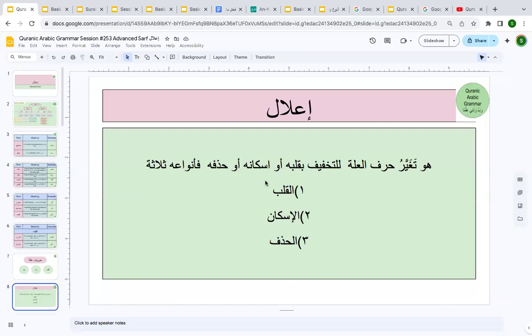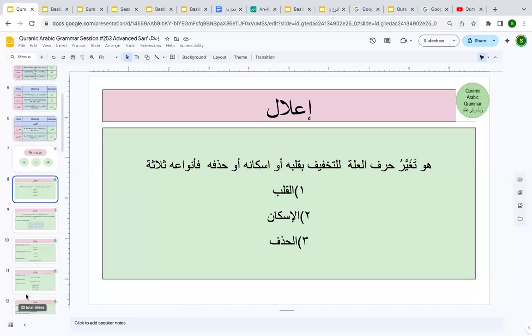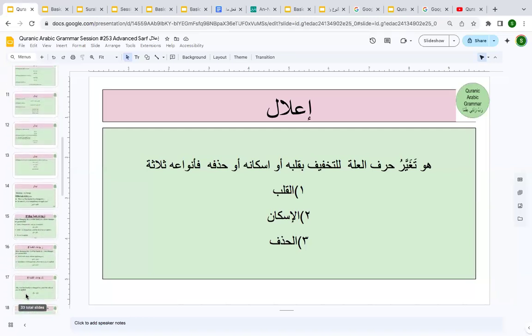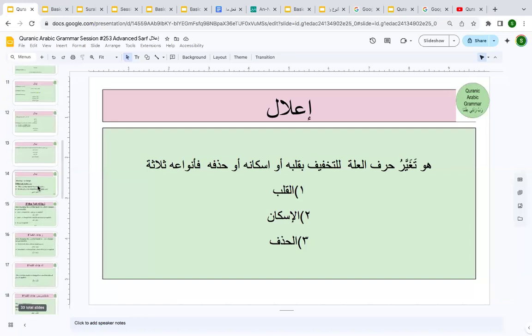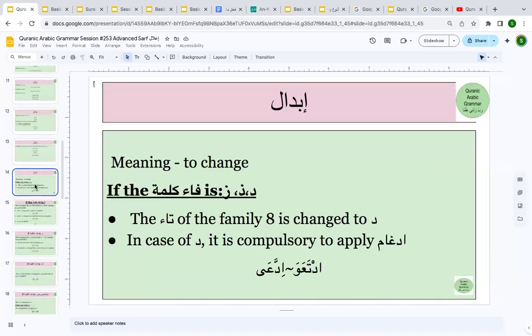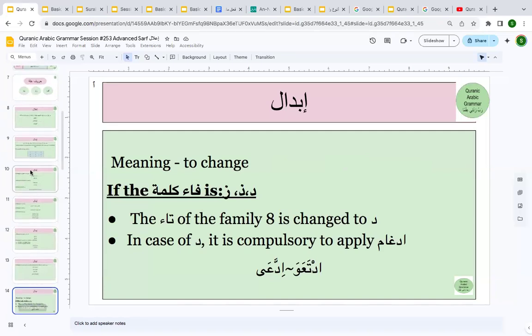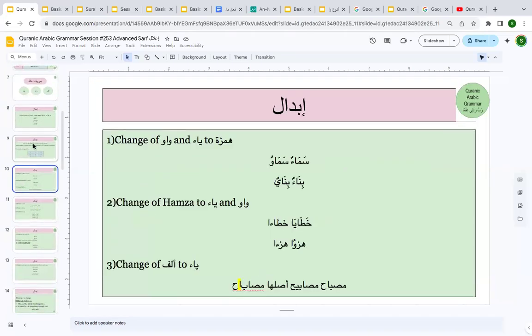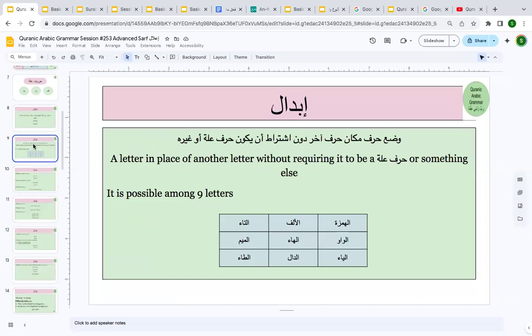Most of the time you see it with ta letters, but ibdal is a very broad term. It is all encompassing, something that covers everything. Every letter that undergoes a change, you can call that change ibdal.